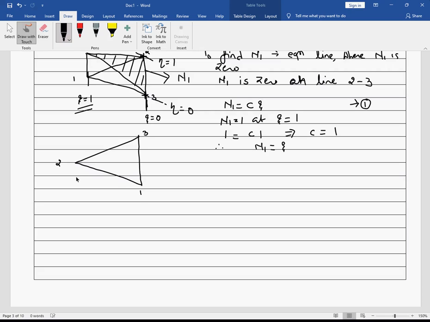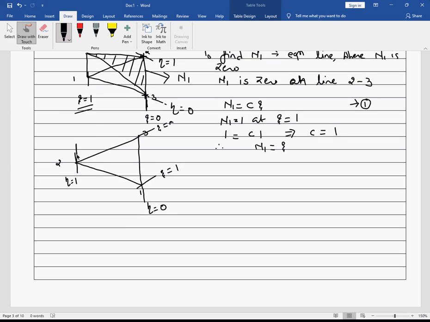This will be 1, this will be 3. So this is zeta equal to 1, and this will be eta equal to 0. This is eta equal to 1, and this will be eta equal to 0. Okay, so I am looking for N2.